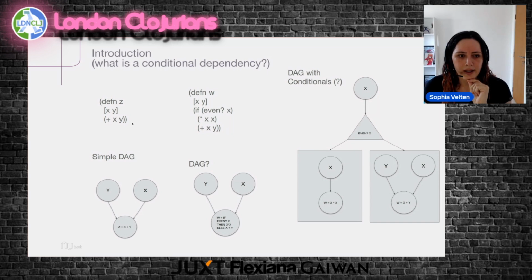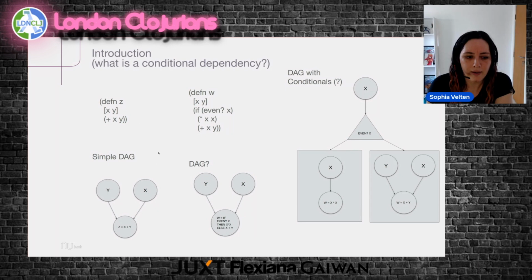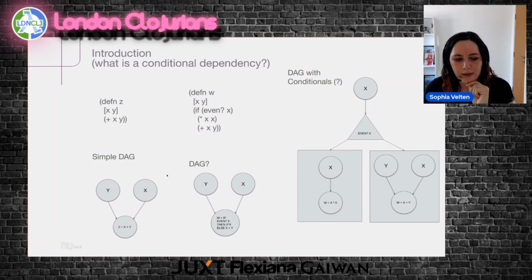So we can analyze the data dependencies from this function with a simple DAG, a directed acyclic graph, which are just arrows that point to what depends on what. So in this simple DAG, on the left, z node depends on y and x, and that's indicated by the arrows.